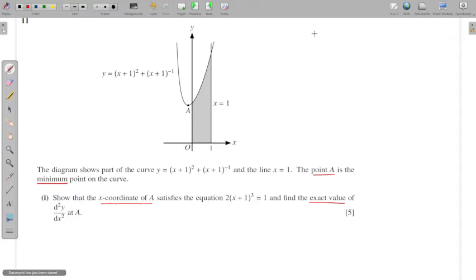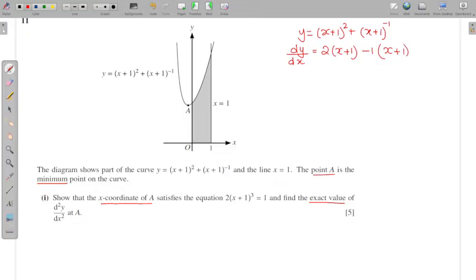I'm working it out on this side. So y equal to x plus 1 whole square plus x plus 1 to the power of minus 1. If I want to find its derivative, this will be 2 times x plus 1 to the power of 2 minus 1, which is 1, minus 1 times x plus 1 to the power of minus 2.